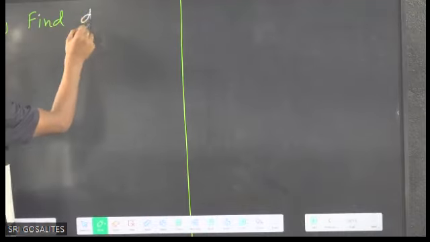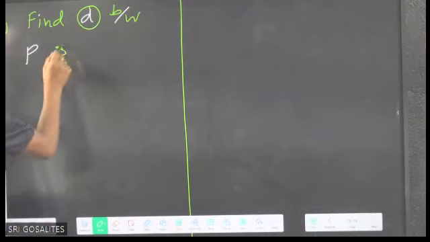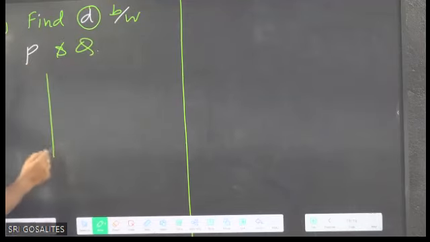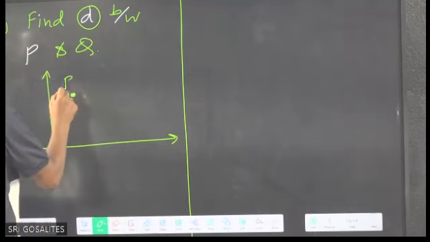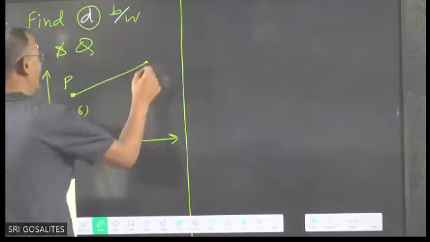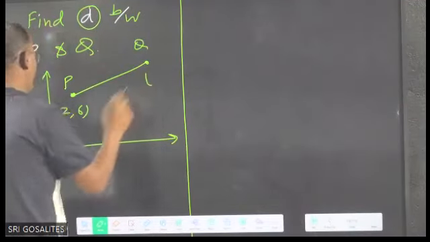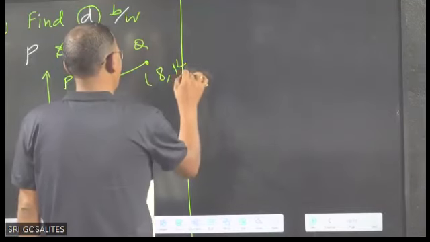Come on. Two questions we will solve. You will solve it. Find distance between P and Q. What is the P? What is the Q? Here is the P with coordinates 2, 6. Here is the Q with coordinates 8, 14.